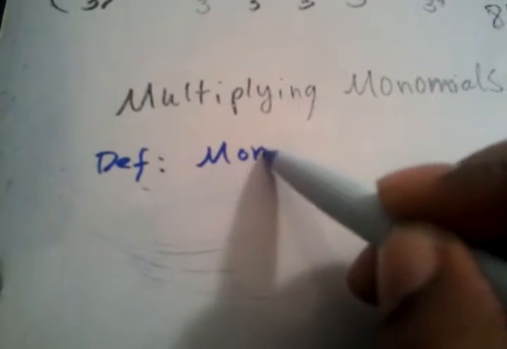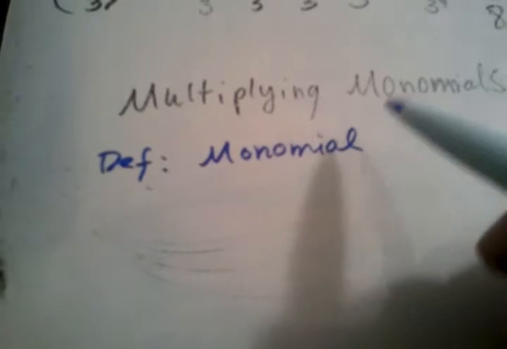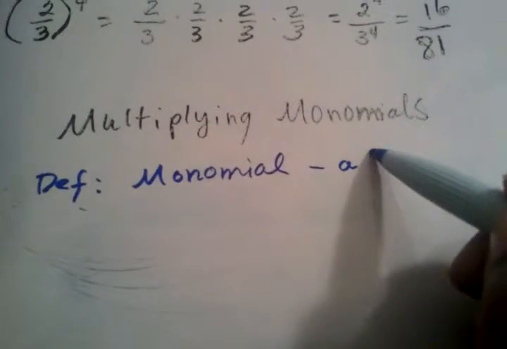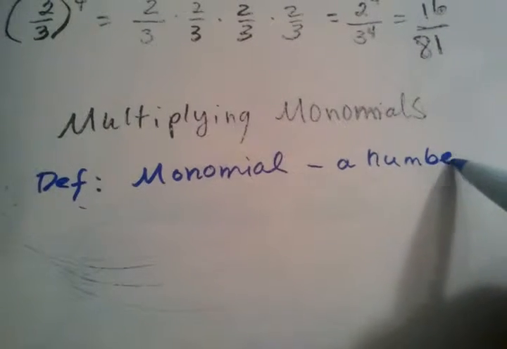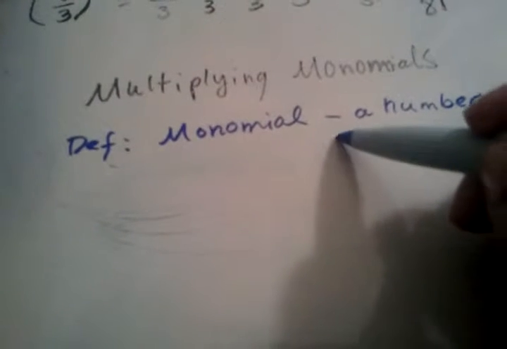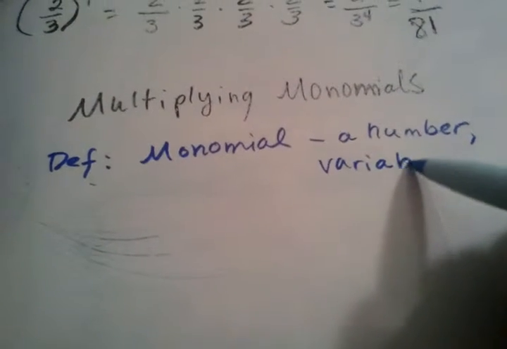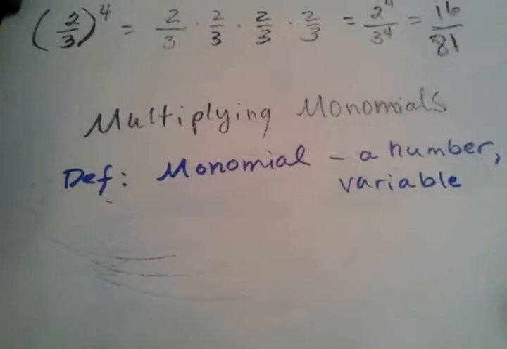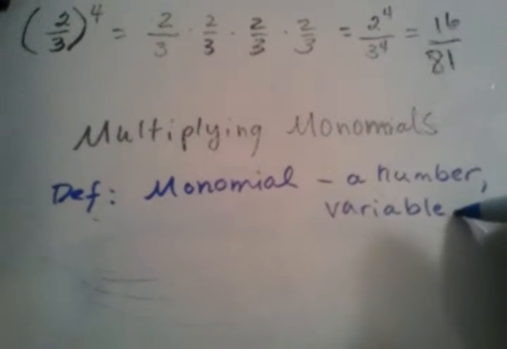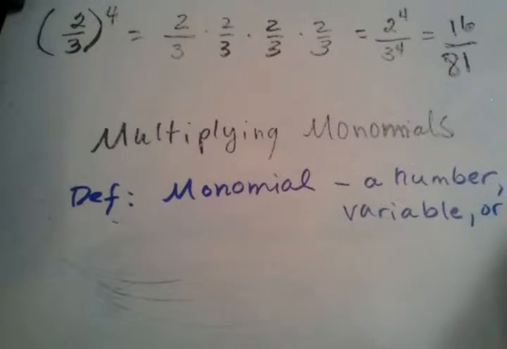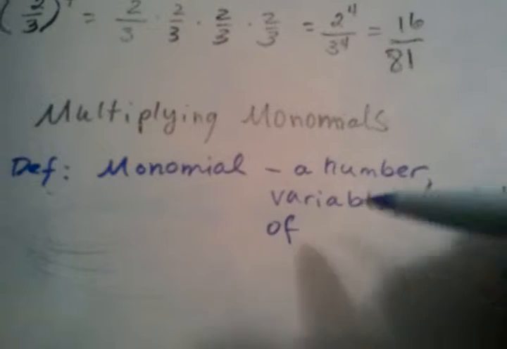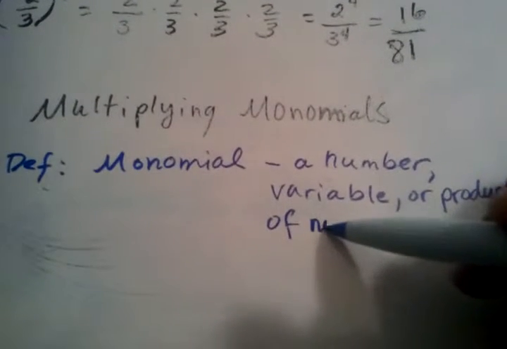A monomial is a number, variable, or a product of numbers and variables.